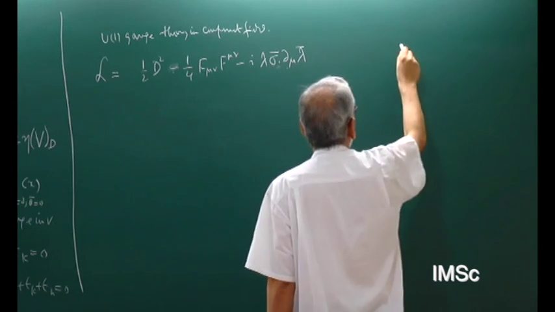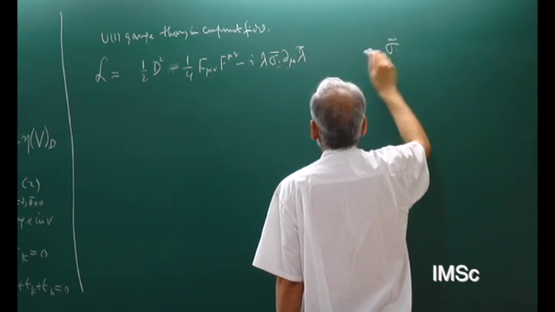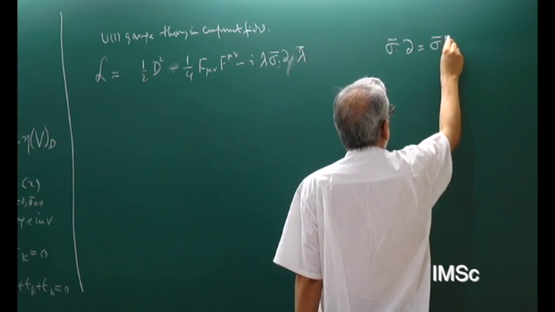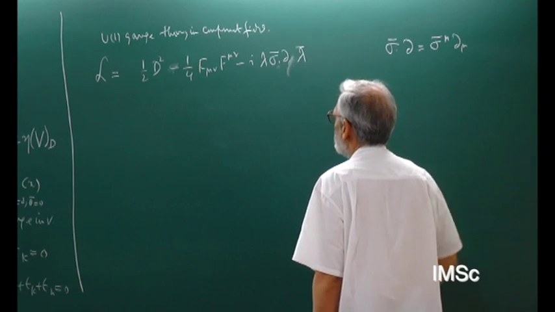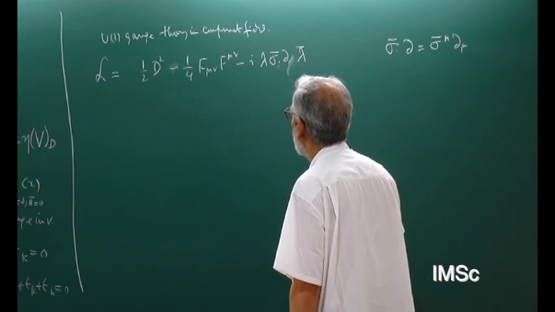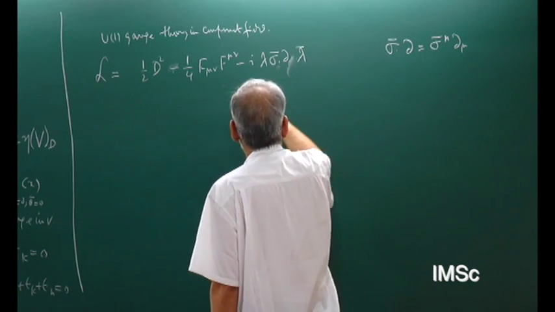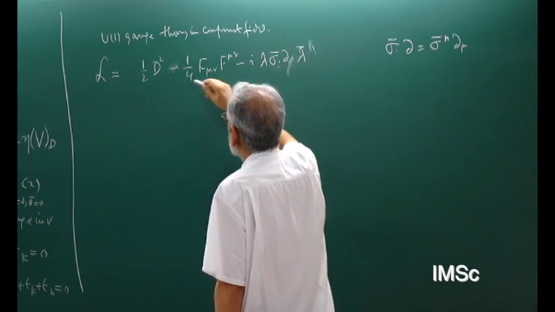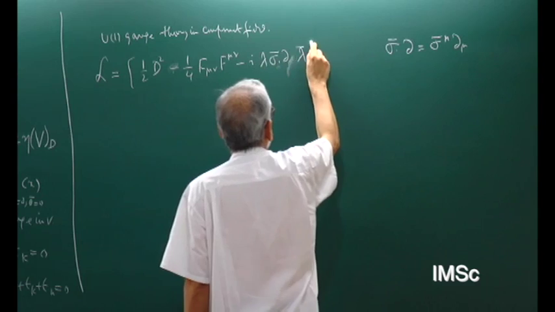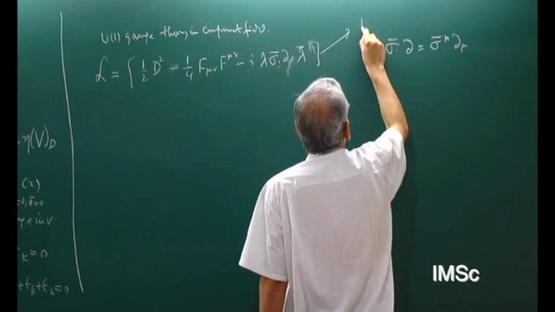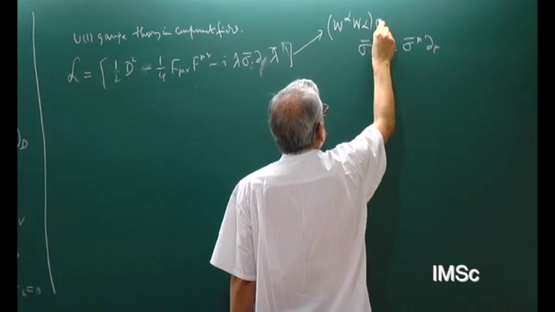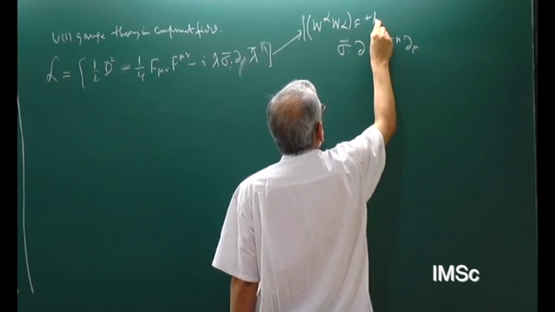Sigma here is a shorthand notation for sigma bar mu d_mu. These terms would come from the W alpha term plus Hermitian conjugate.